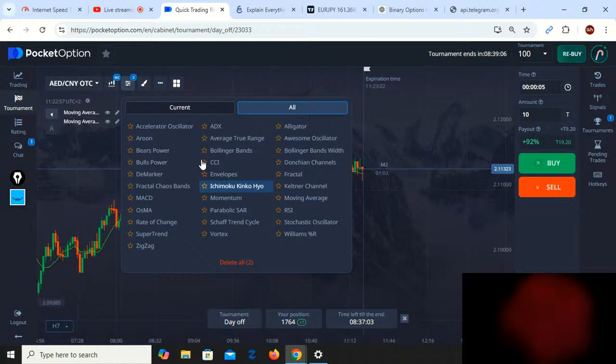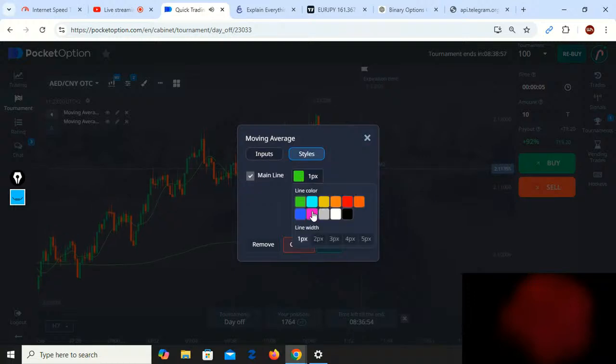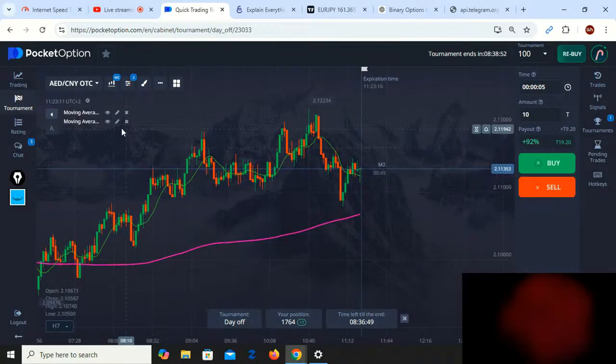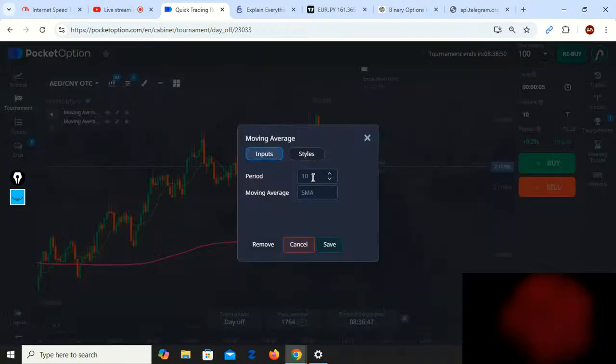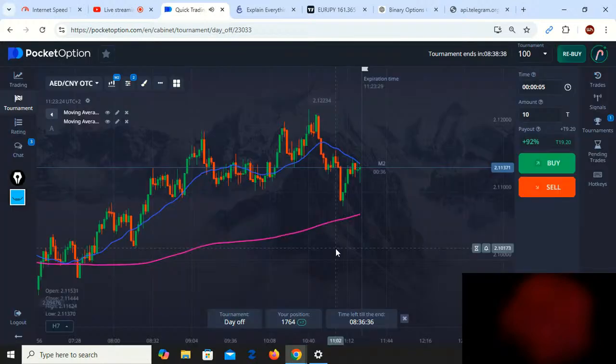Once you do so, go to the pen and adjust the period to 200 for the first moving average. Color as you like. I like to make the lines thick. The second moving average is at 20 period, simple moving average, SMA, as always. Blue, 2 pixels, and click Save.